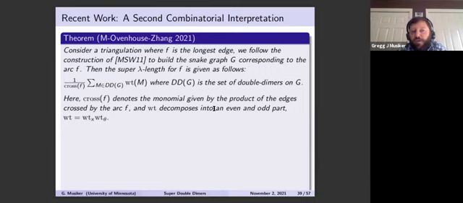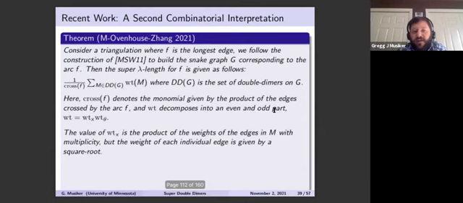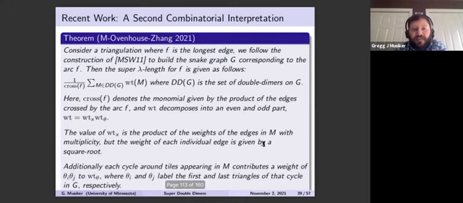And there you just do the product of the edges crossed by the arc as normal, but then the weight decomposes into an even and odd part. The even part is the weights of the edges with multiplicity, but every individual edge is taken with the square root. And then again, for every cycle, it contributes theta i, theta j, based on the first and last triangles in that cycle. So that's our main result.